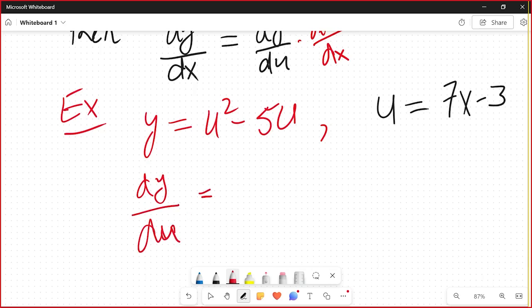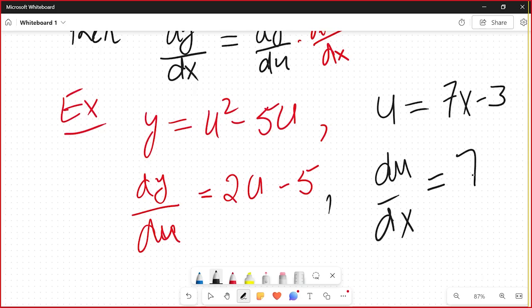Can you help me with that? 2u minus 5, right? And now what is du upon dx? 7. Good, so du upon dx is 7.